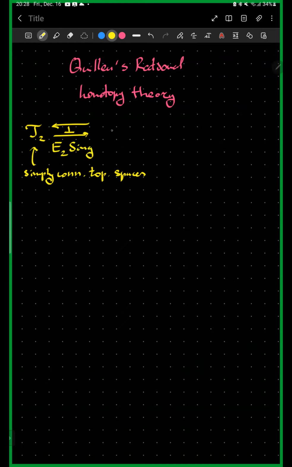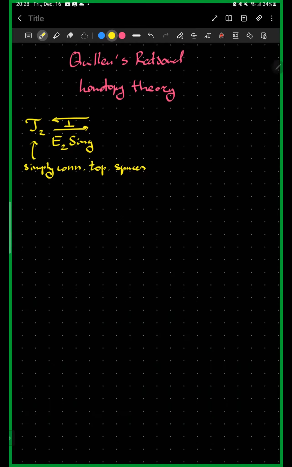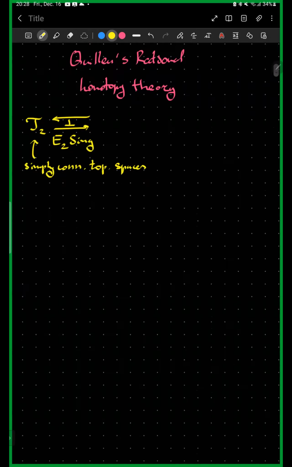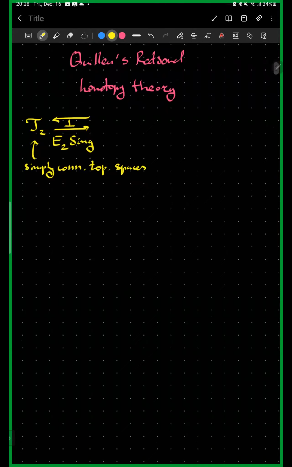So we take the singular simplicial set of a topological space, and then apply this functor E2, which takes a special subset, formed by those simplices which have trivial faces in dimension 1 and 0.